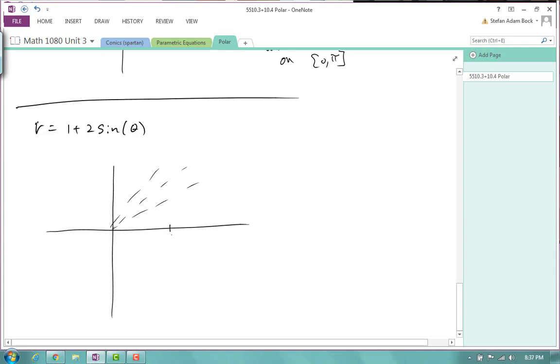So let's put 1 out here. If I plug in pi over 6 for theta, sine is 1/2. So that's 1 plus 2 times 1/2.